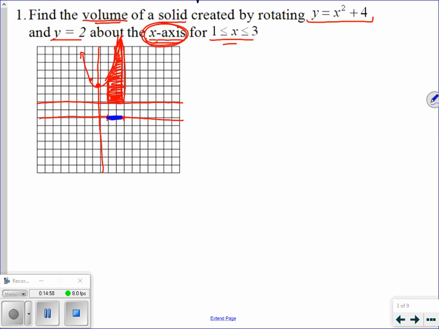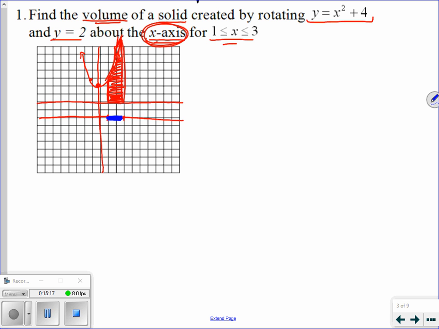So notice how none of my shaded region touches my line of revolution. That means I'm going to have this hollowed out circle in the middle. It's almost going to make like some type of like traffic cone looking shape. Or someone last year called it a Christmas tree stand, and I'll show you what I mean in a second.